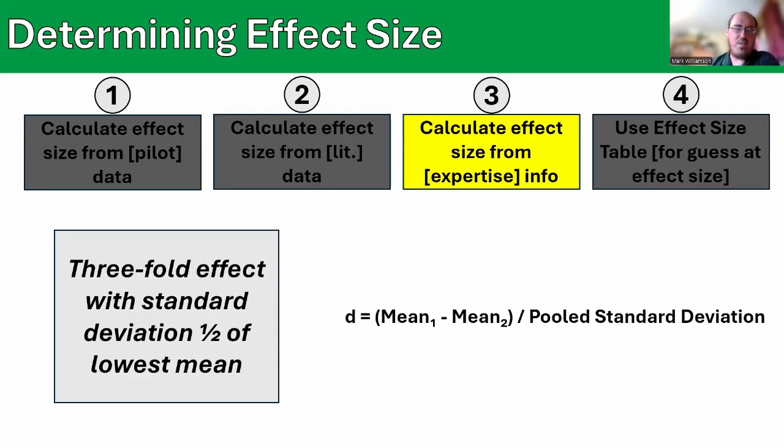We know that we need this difference in mean. So a threefold effect might be, one mean is 3, the other mean is 1. And then a standard deviation, half of the lowest mean. So, well, 1/2 of 1 is 1/2. I can calculate up and I get a Cohen's d of 1.0. Also a large effect, though not as large as those actual pilot data or similar data.